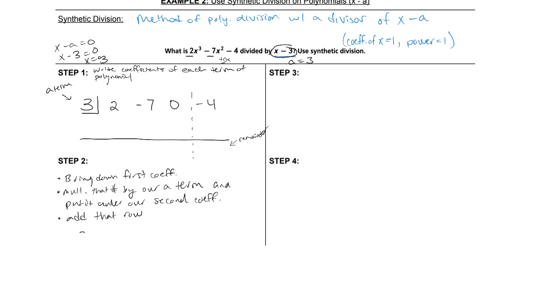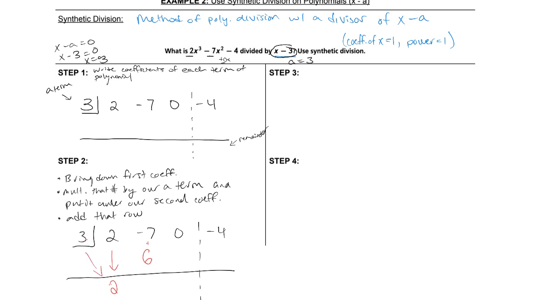Okay, so here's our original 2, negative 7, 0, negative 4. Like I said, we're going to bring down the 2. Now we're going to multiply 3 times 2, which is 6, and I'm going to write that under the negative 7. Now I'm going to add these two.